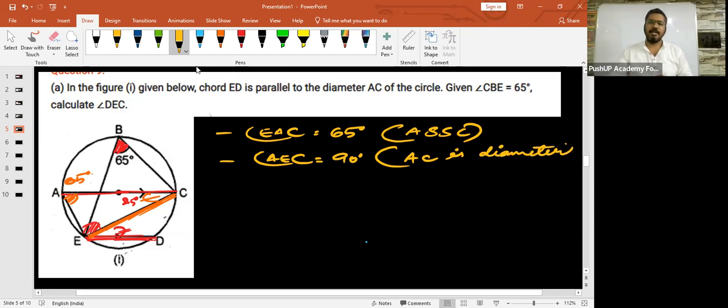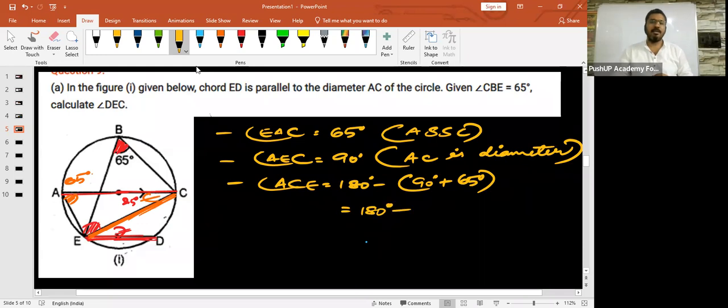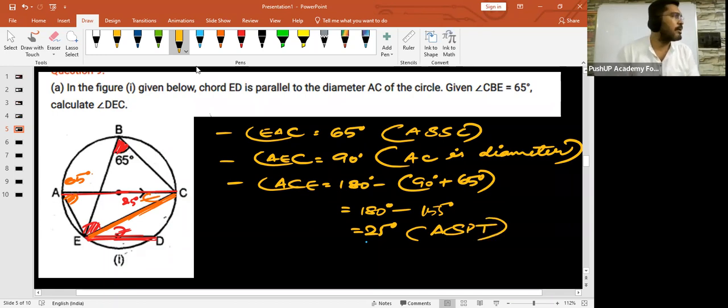AC is a diameter. So this implies angle ACE is equal to 180 degrees minus 90 plus 65 degrees. That is equal to 180 degrees minus what? 155, which is 25 degrees. What reason you will mention here? ASPT, angle sum property of triangles. Okay.